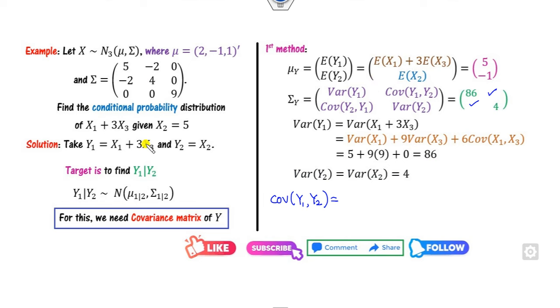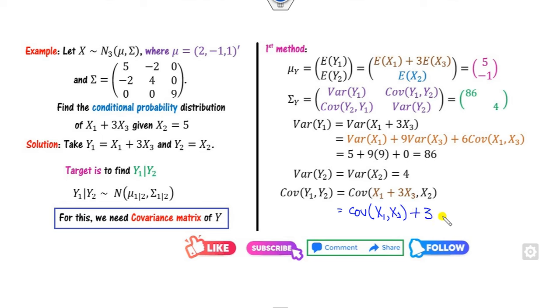Using the covariance property, covariance of x1, x2 plus 3 times the covariance of x3, x2. The covariance of x1, x2 is minus 2, and 3 times the covariance of x3, x2 is 0. So minus 2 is the right answer.